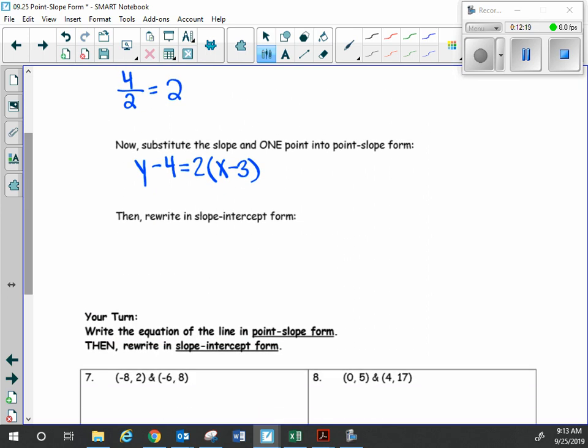Then rewrite in slope-intercept form. So after I distribute 2, y minus 4 is equivalent to 2x minus 6. Add 4, y equals 2x minus 2.